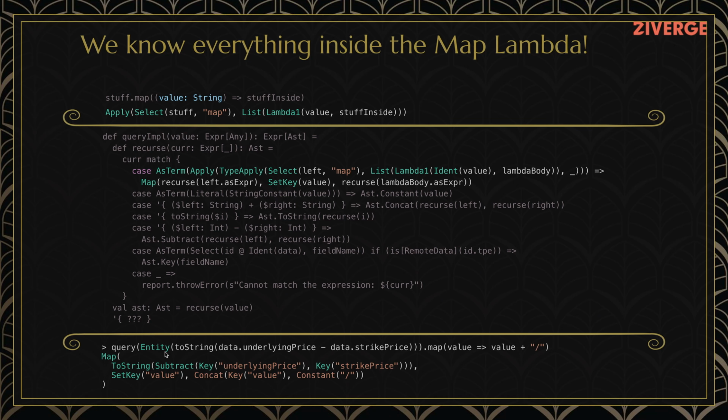We just use it. So when this entity of all of this stuff in here, .map, concatenate the slash onto it, et cetera, right, we just pass it into our query entry point into the macro, goes into the parser, parses it recursively, and voila. Here is our grammar coming out.